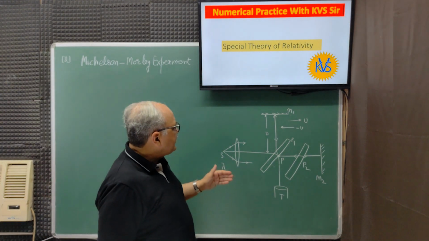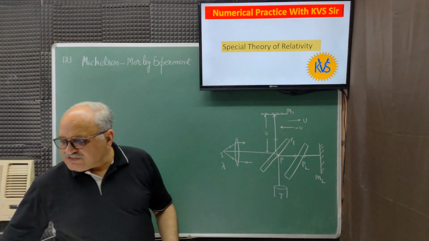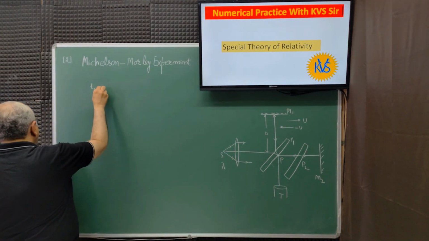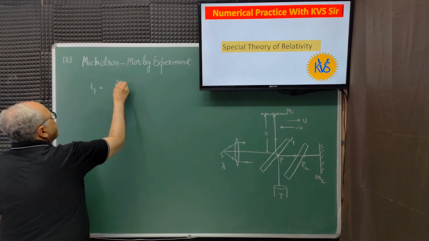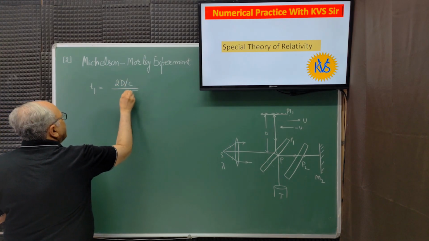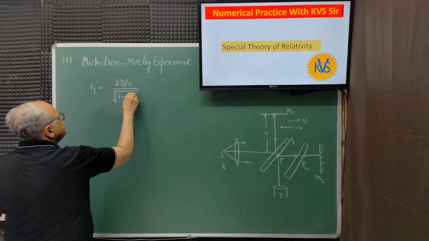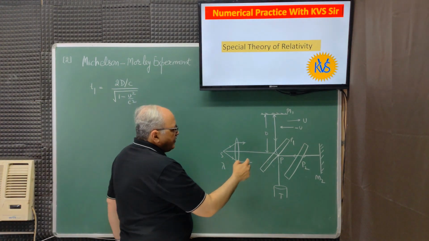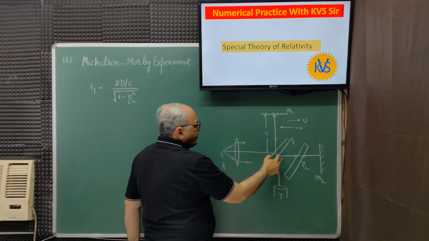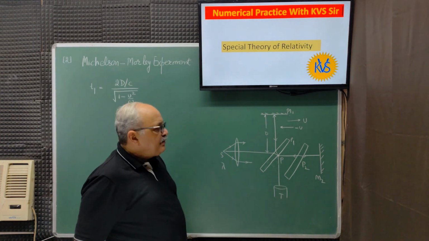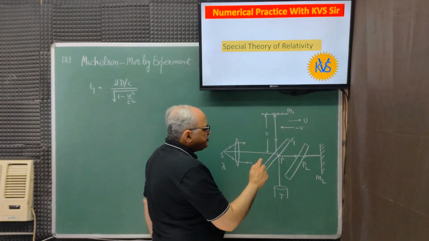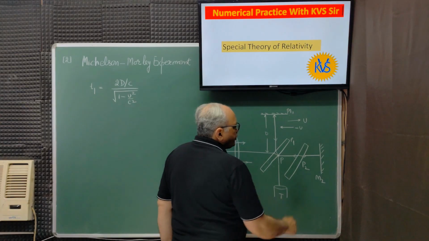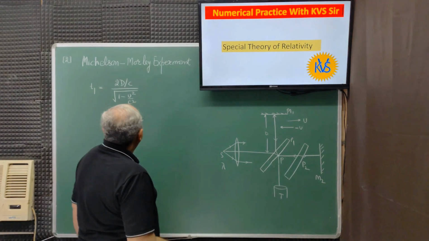The one which is going in a perpendicular direction takes the time t1 equal to 2d by c under root of 1 minus u square by c square, where d is the one-side distance between the point P and the mirror M1, and we assume that exactly the same distance is there for M2.